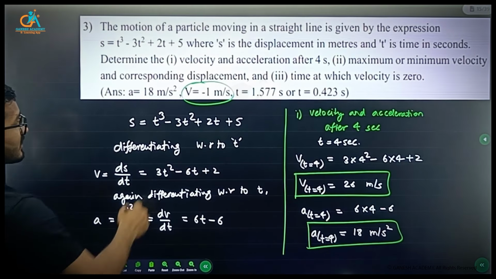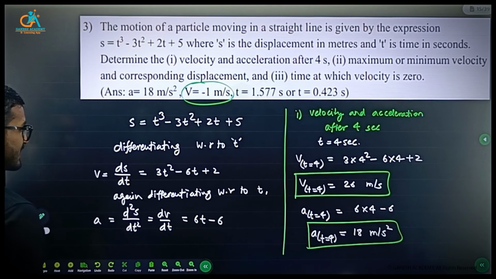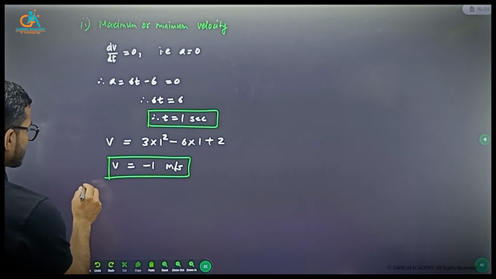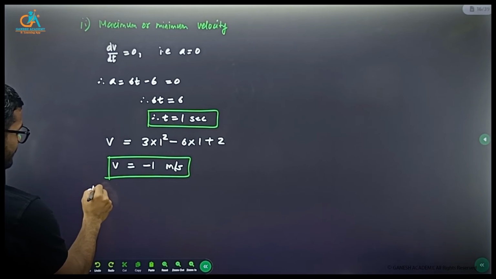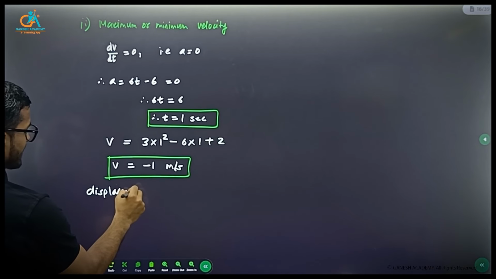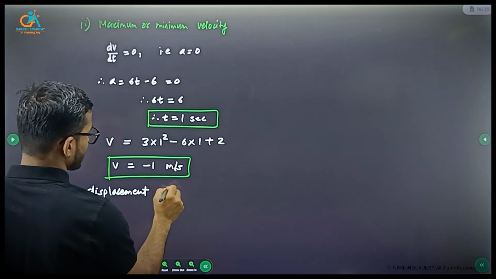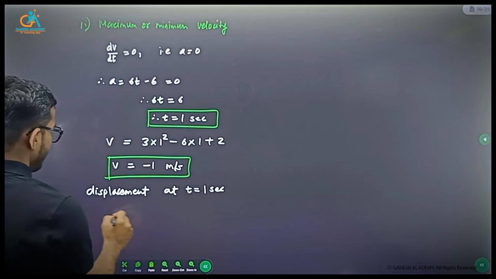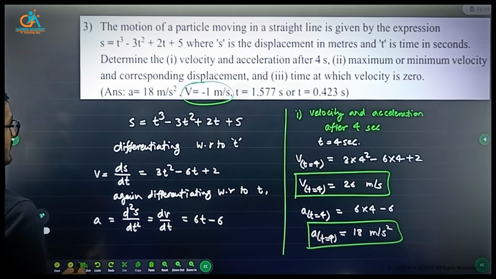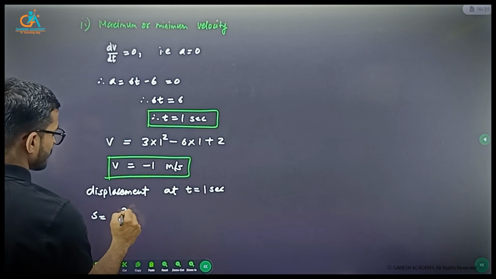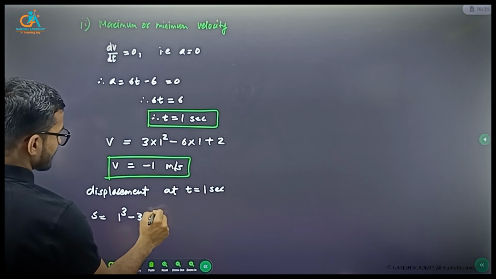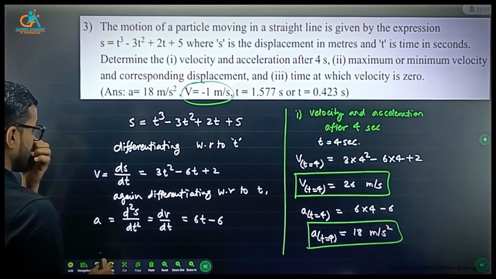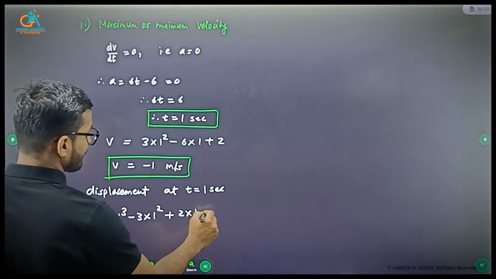And they are also asking the corresponding displacement. So at time t is equal to 1, what is the displacement s? So the corresponding displacement at the point where velocity is maximum or minimum is t cube, that means 1 cube minus 3 into 2 t square, that is 1 square, plus 2 into t, and plus 5.